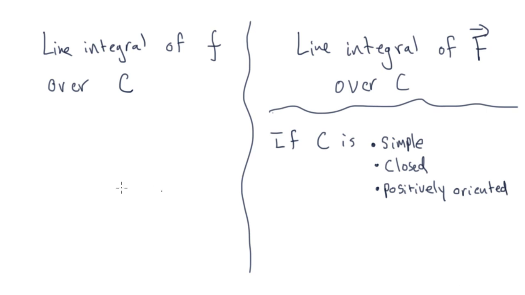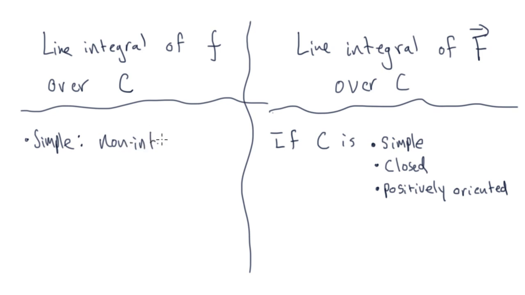Okay, so let me tell you what all these things mean. Simple means non-intersecting. Closed means we start and end at the same point.